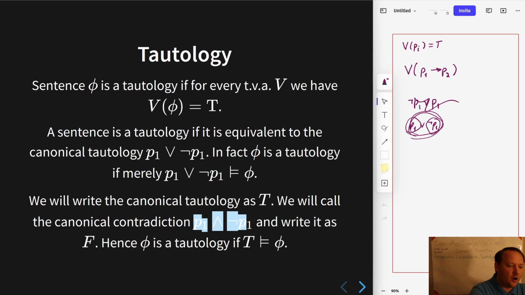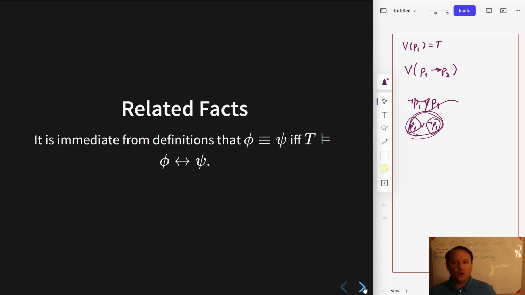And since I'm already talking about the canonical tautology, I might as well talk about the canonical contradiction, which I take to be P1 conjunction negation P1, and I will write that with italics F. The following is a collection of facts that are not too hard to prove, so I will just state them and claim that they are worth knowing, but the proofs should be quite easy. From our definitions, phi is equivalent to psi if and only if the biconditional sentence, phi biconditional psi, is a tautology.